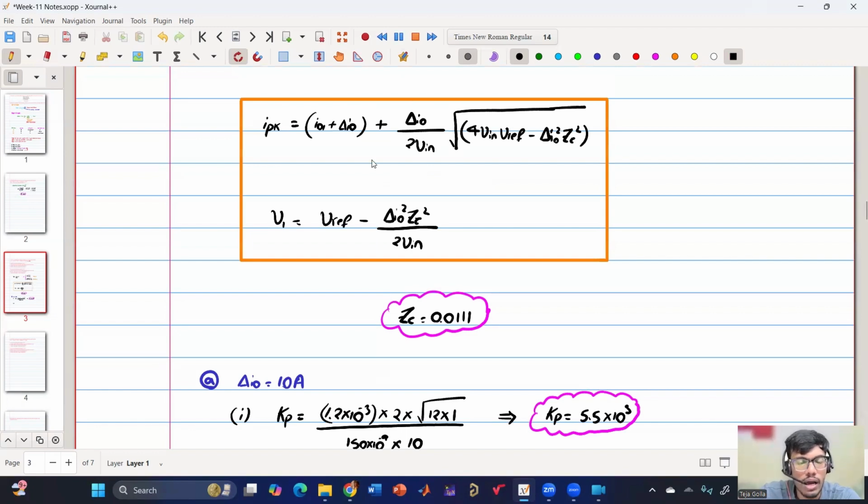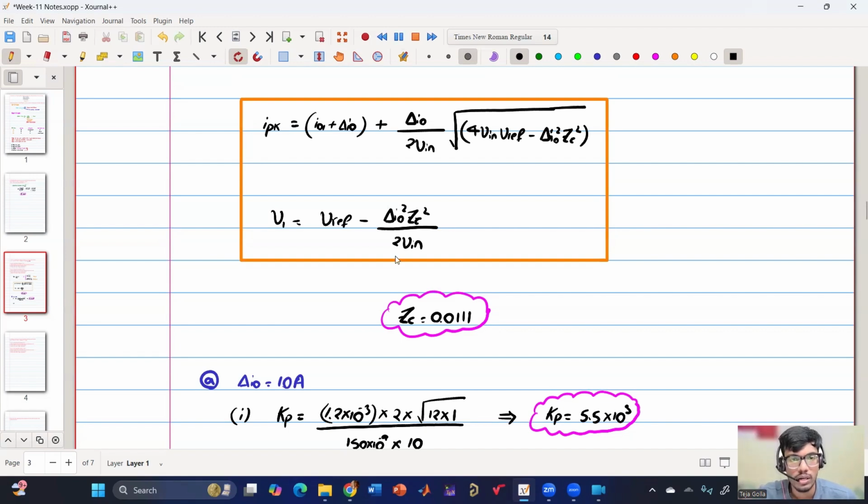So, have you calculated I peak? 3.85 ampere.